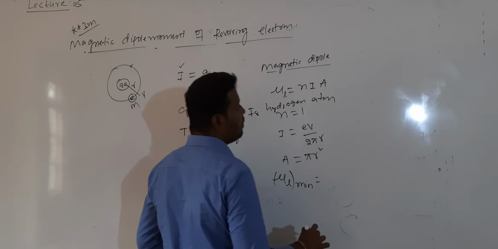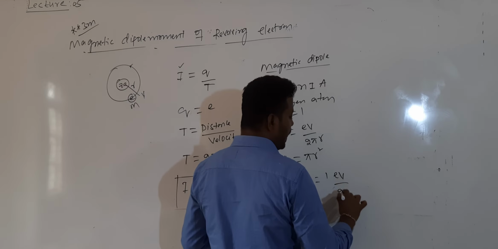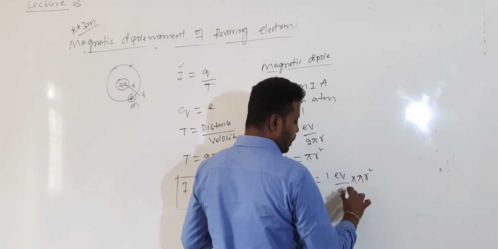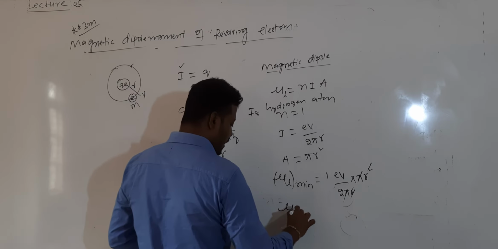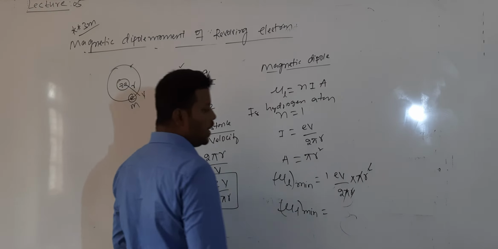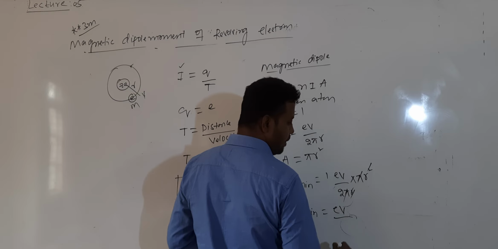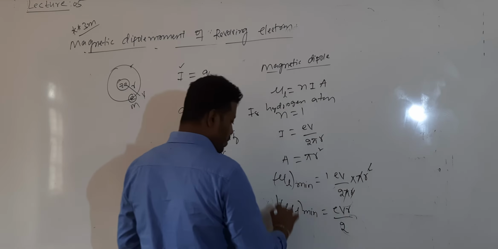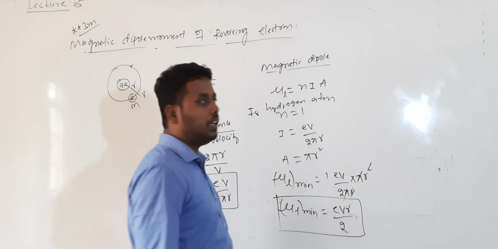So mu L minimum is 1 into e v by 2πr into πr². Pi cancels, and one r cancels. So mu L minimum is equal to e v r by 2. This is the minimum magnetic dipole moment.